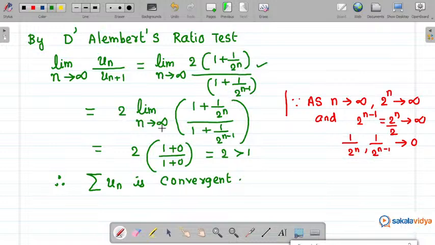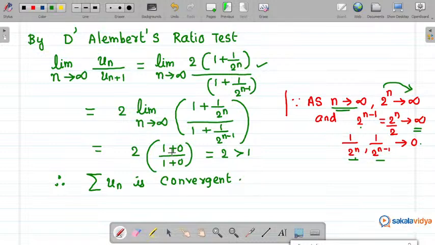As n tends to infinity, 1 by 2 power n is 0. As n tends to infinity, 1 by 2 power n minus 1 is also 0, because as n tends to infinity 2 power n tends to infinity, 2 power n minus 1 also tends to infinity. 1 by infinity is 0. So these both tend to 0 only.